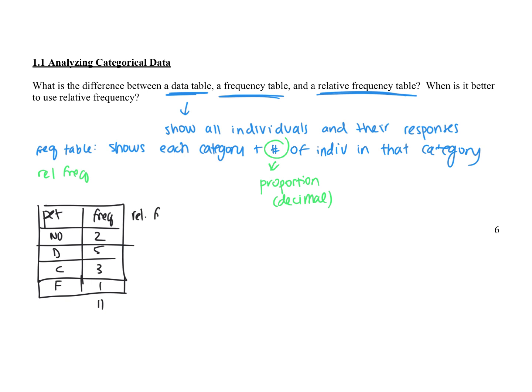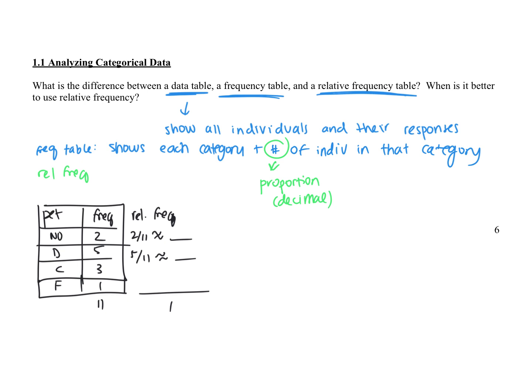If I wanted to change this to relative frequency, I would put 2 out of 11 here, which is some decimal. 11's not a great number to divide by, so it's something. And then you're going to have 5 over 11 and whatever that is, so on and so forth. All of those relative frequencies have to add to 1. Okay, oftentimes it's not going to matter.